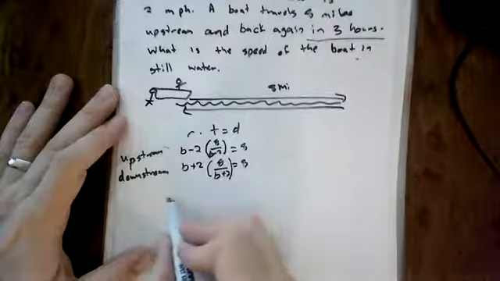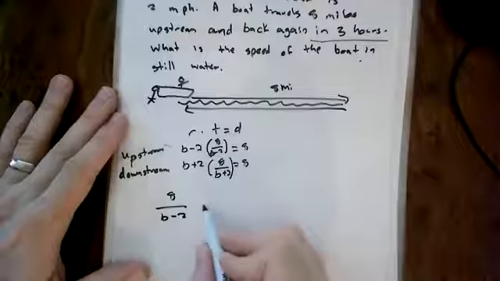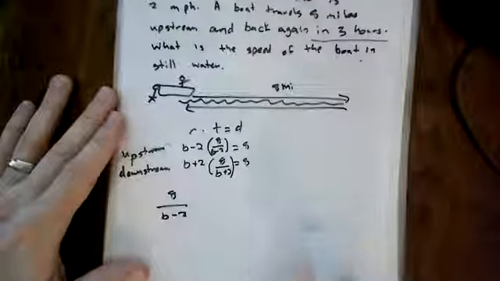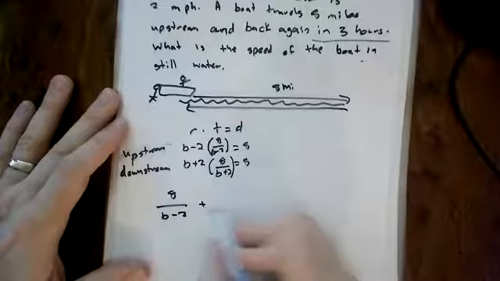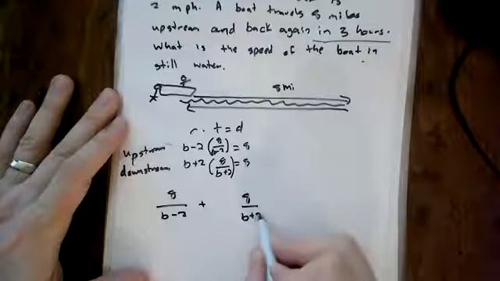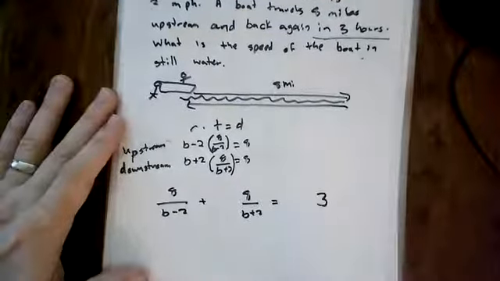So I will have 8 over b minus 2. And I'm going to give myself some space here because I want to leave some space to work. I'll have 8 over b plus 2, and I know that that sum is going to be equal to 3.